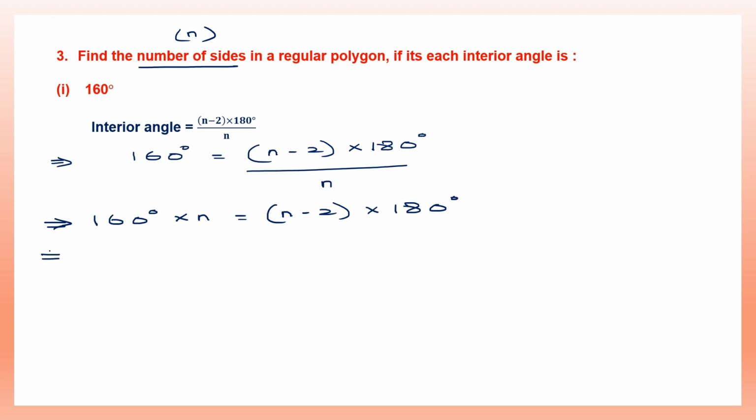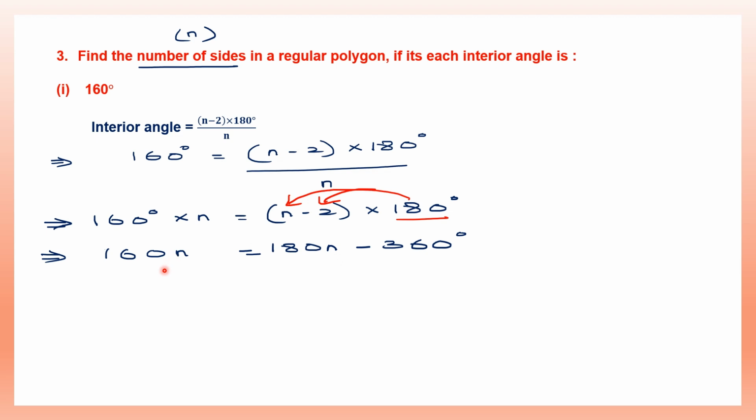So 160 into n is 160n. And on this side I have to multiply 180 first by n. So what do I get? 180n minus, now I have to multiply 180 by 2. So 180 into 2 is 360 degrees.